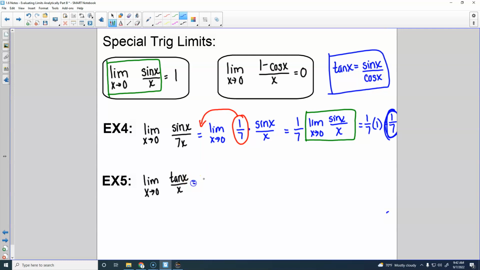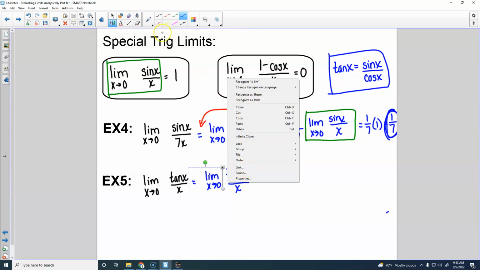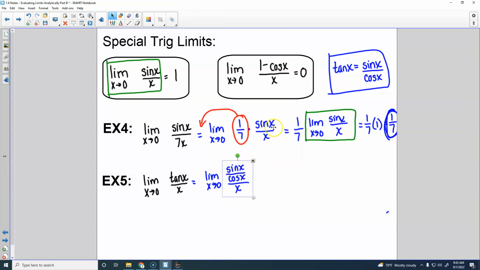So let's change that here. Limit as x approaches 0 of sine x over cosine x over x. Now, I do not like complex fractions. They generally do not help us do anything. So what we've got is sine x over cosine x over x.